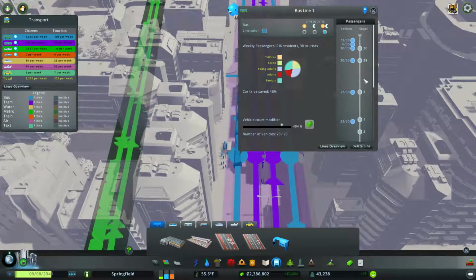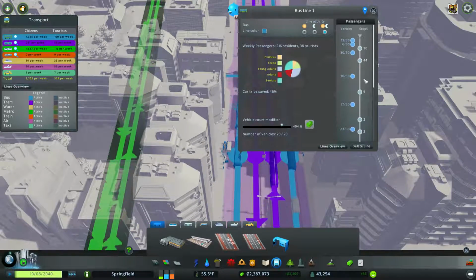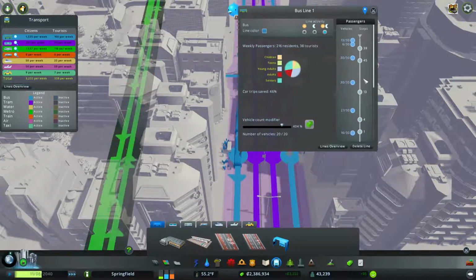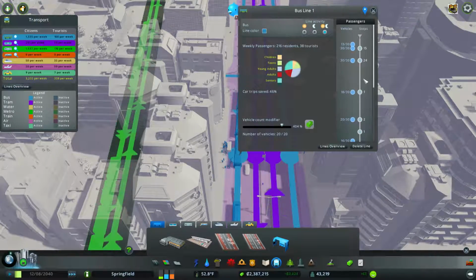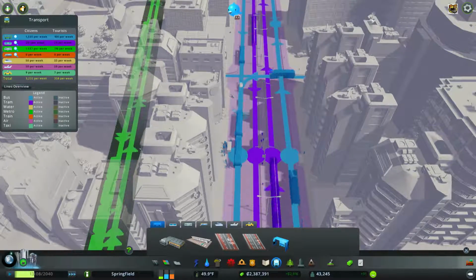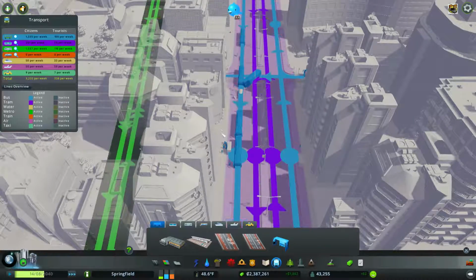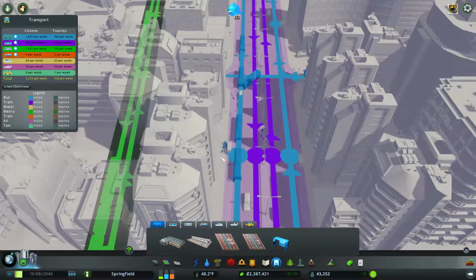Yeah, I would say those are fairly acceptable numbers there. Yeah. So we'll just run with that and then understand that at some point during the day, this thing's going to get clogged up.